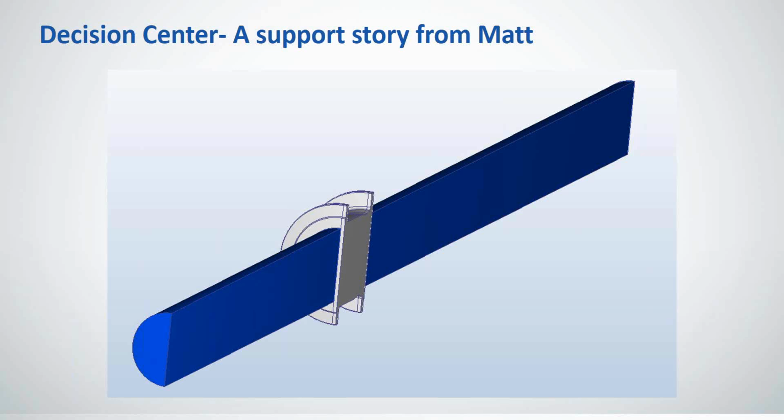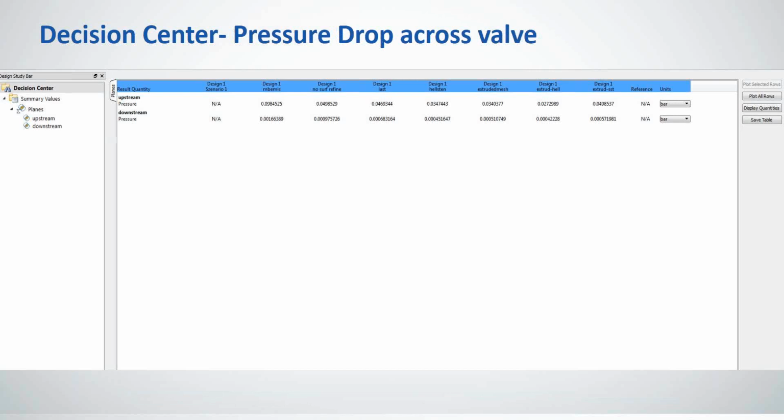So here, and again, the decision center kind of gives you a nice sanity check here, because you want all your planes to be in the exact same location. You don't want them to be off by a few centimeters upstream or downstream.